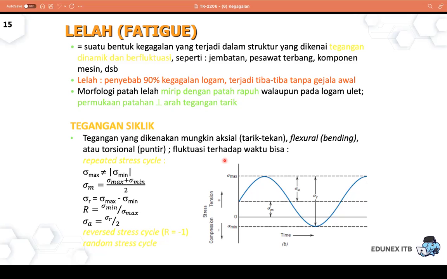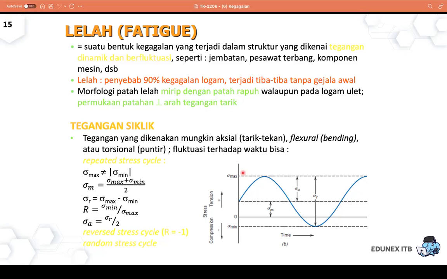Fatigue accounts for almost 90% of metal failure, because it doesn't have an initial crack, tanpa gejala awal. There is no indication first, but after that it is going to fail by fatigue. So the morphology of fatigue is close to brittle fracture, patah rapuh, because it just starts cracking like that.